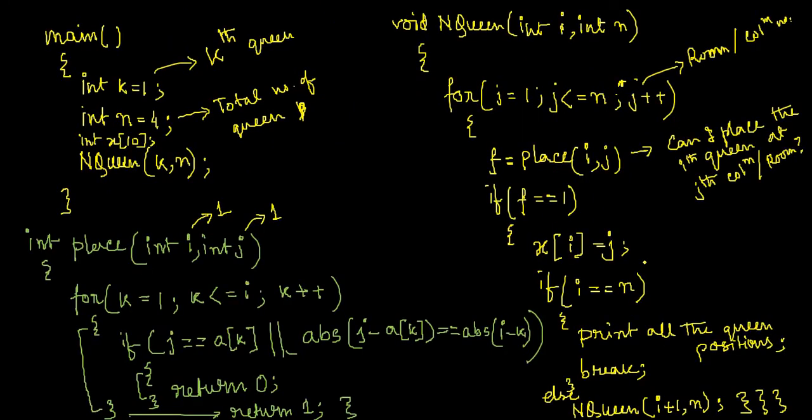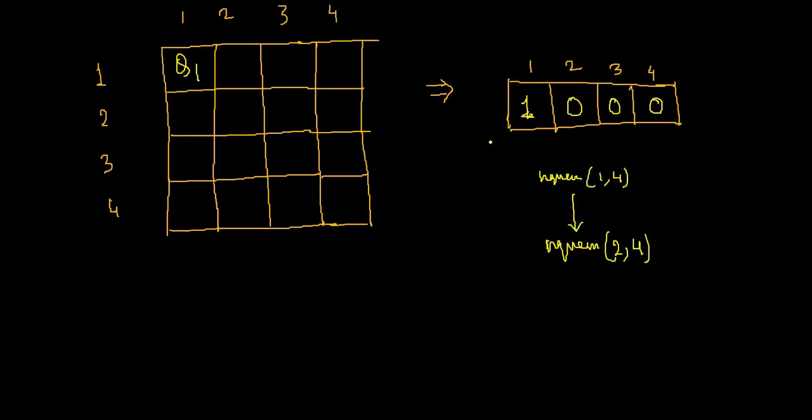Now let's come here. So go for another n queen call where i equal to 2 and n equal to 4. So I will start from the beginning again. Can I place the second queen in the first position? From this picture you can say that no, you cannot place queen 2 over here.